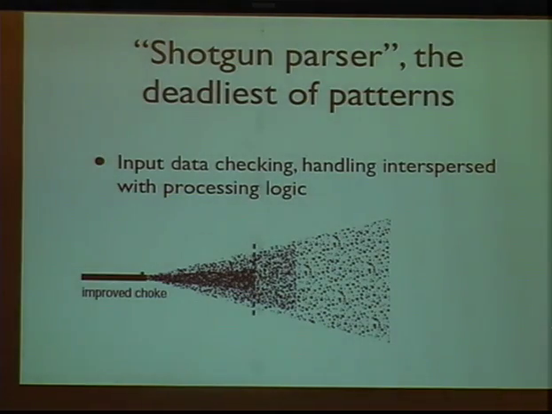Some of those are your processing logic, and they're all interspersed. And the name for this is a pwnage, because the unchecked processing logic that makes assumptions that are simply not true tends to compose into the exploitation.